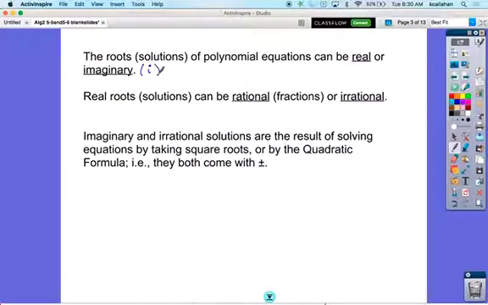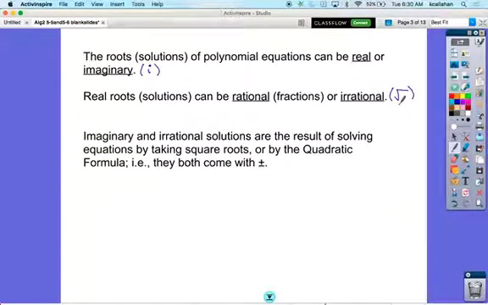Real roots can be rational or irrational. Irrational roots usually have a square root of some kind that can't be simplified. So both of these, the imaginary roots and the irrational roots, are the results of taking square roots.